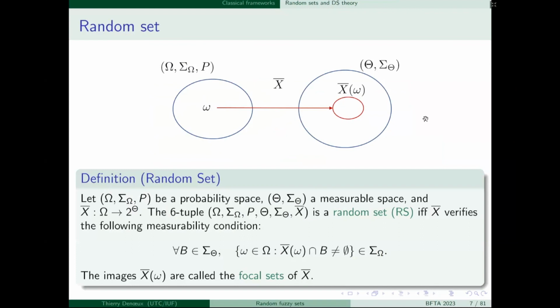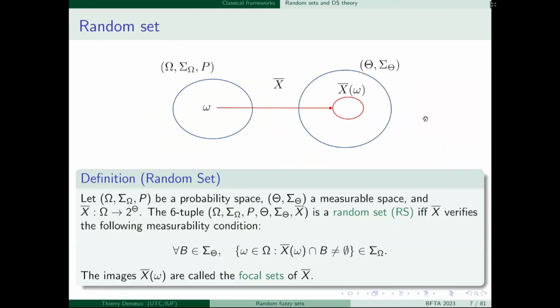And so this defines a random set, but we need some measurability condition, which is that for any event B, a subset of theta, the set of omega whose image intersects B should be an event in omega.